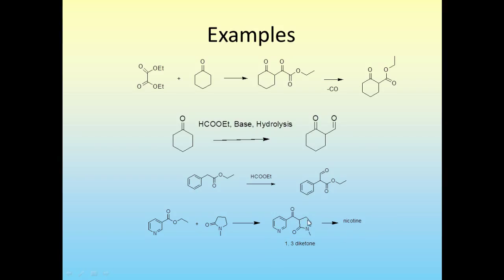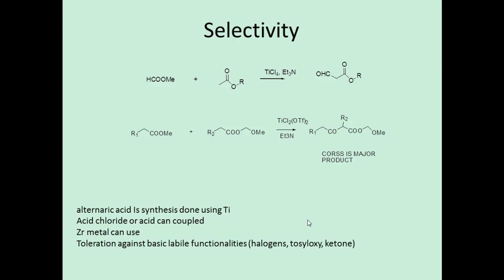nicotine. So there is a little bit of selectivity with sodium ethoxide. In general, the ester condensation can be combined with the presence of titanium tetrachloride and tributylamine. If we take this type of molecule, the ester molecules, sometimes the crossed product is the major product, not self condensation.